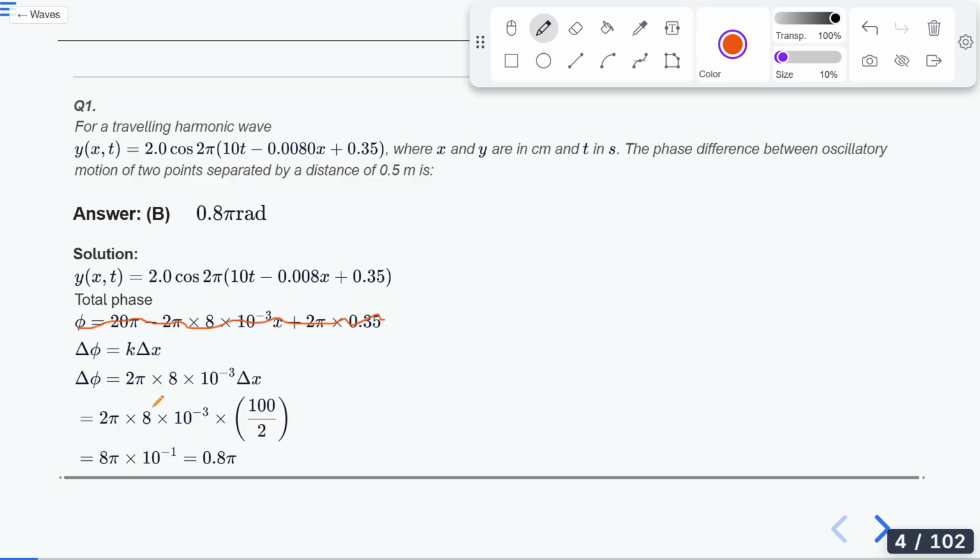You can also convert the value of k from radian per centimeter to radian per meter. Here per centimeter multiplies distance in centimeter, so that unit will cancel out, and the answer will be in radian, 0.8 pi radian.